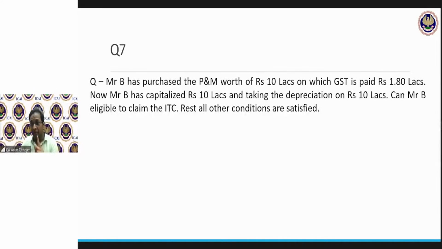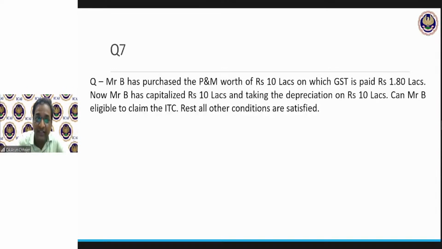What is the logic? Because you have claimed the depreciation on 180. If you will claim the ITC, you are getting the double benefit. One is the benefit in the GST, one benefit in the income tax as a depreciation.